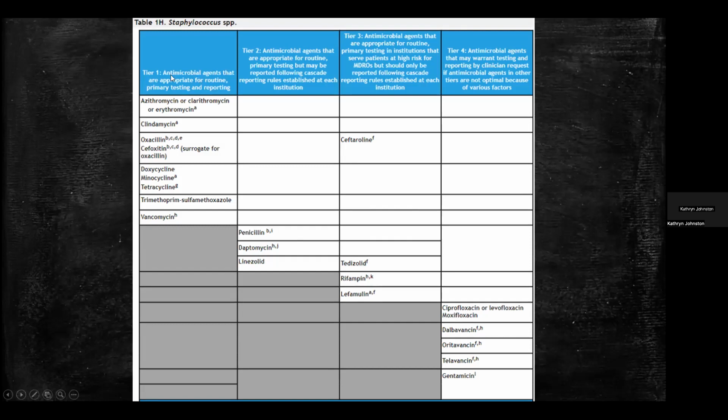You could see that these are primary reporting, and then if there's resistance, then you could change down here, so you could add the linezolid, and so you would cascade down to, and these would be the last ones that you would report because they're not optimal.